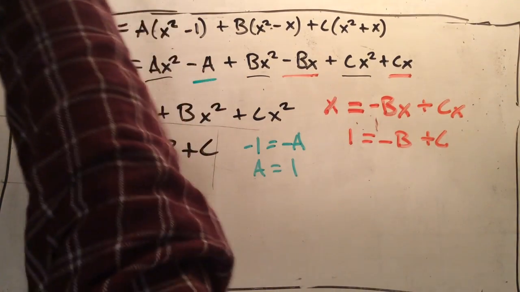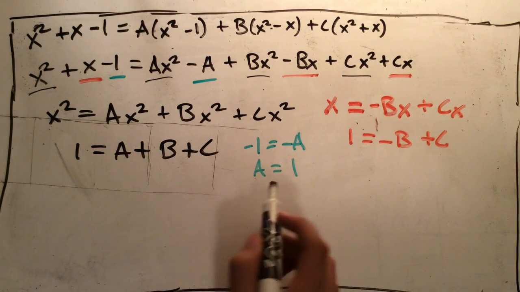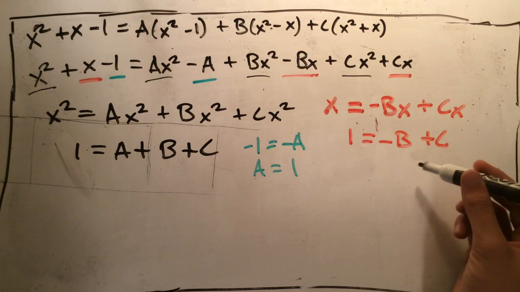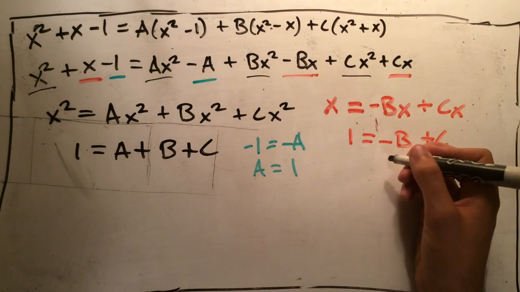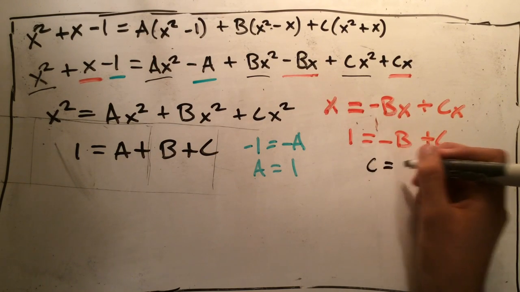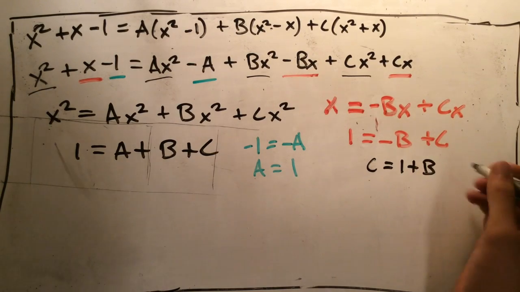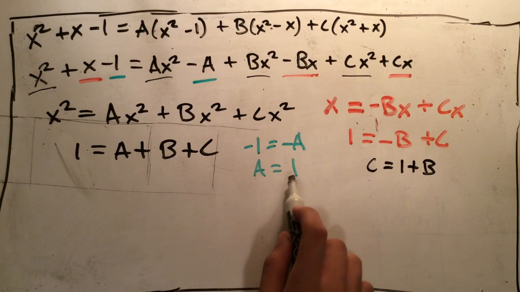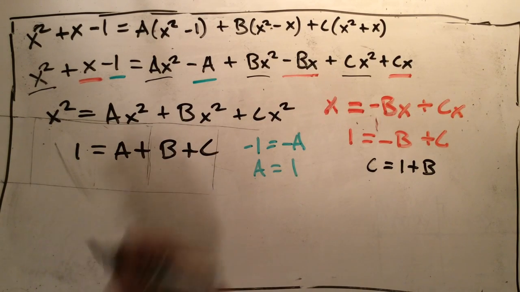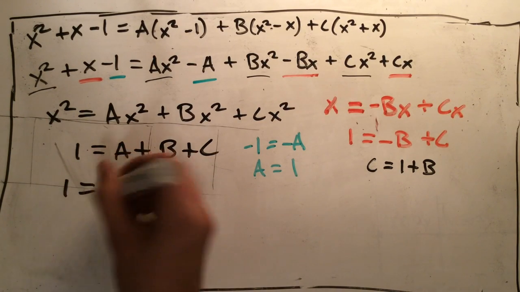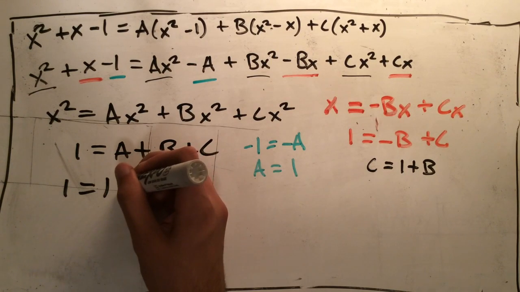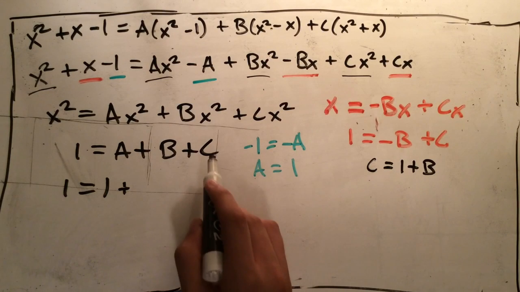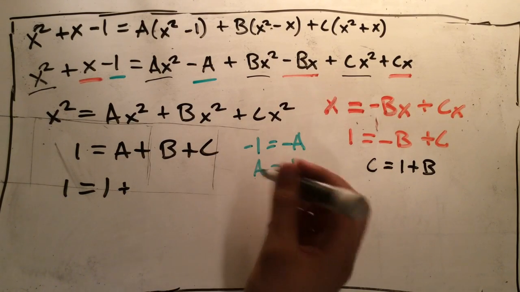So I'll get my black marker again. We already know that a equals 1. And so we can take this equation right here and we could solve for c. So c equals 1 plus b. And then we take our 1 plus b and put it into this equation and take our 1 and put it into this equation. Actually, yeah, we would plug this in for c, not for b, but for c.